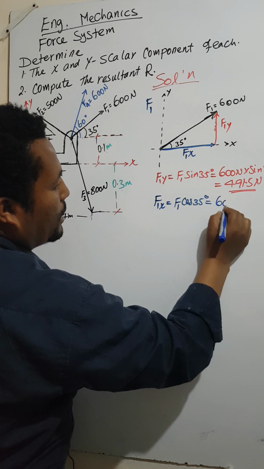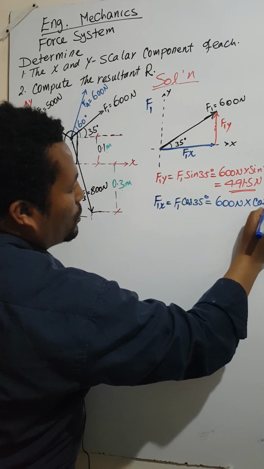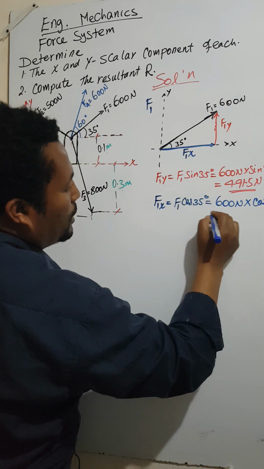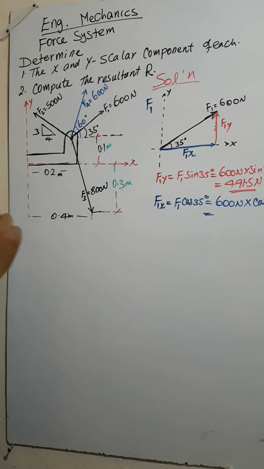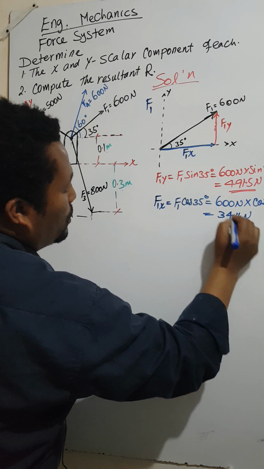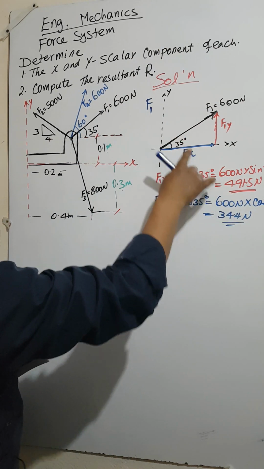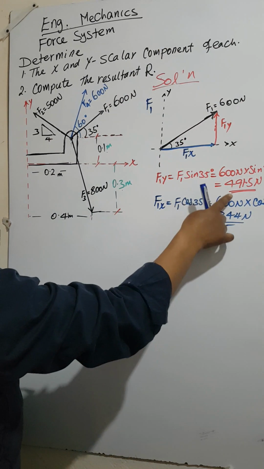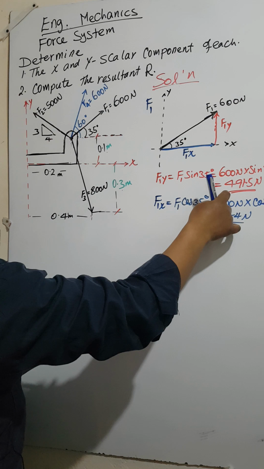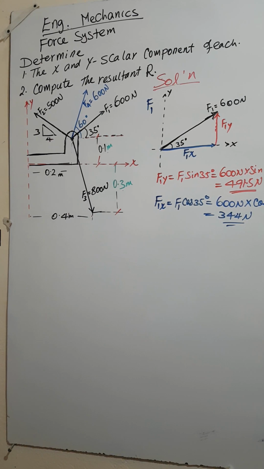This is 600 newton ሲባዛ cosine of 35 degrees። ይሄን ስናባዛ አሁንም ውጤት አለን። so 344 newton. So these are the scalar components of F1. Scalar components of F1 force along x force along y. so እንደዚህ ሌሎቹንም ዲኮምፖዝ ማድረግ እንችላለን። ኦኬ this is for part A.